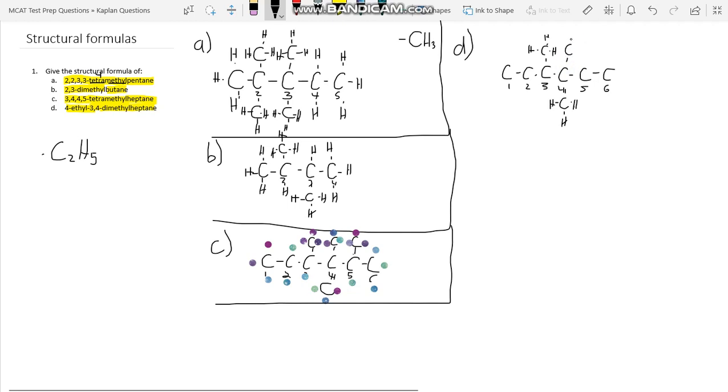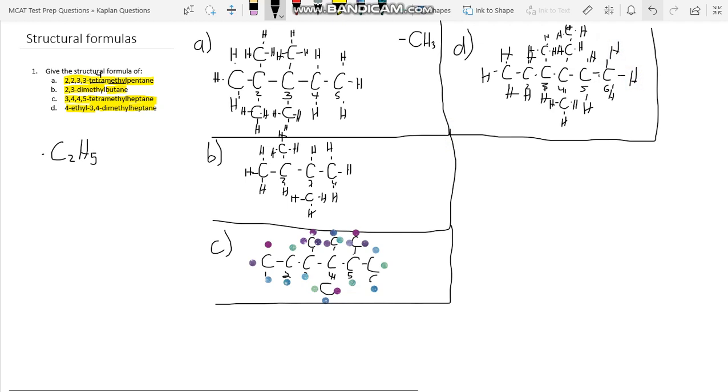So it also has C. Okay, and to finish it, all I have to do is fill in my hydrogens connected to my unbonded carbon. And I'm done. That's the structural formula for all four of my alkanes.